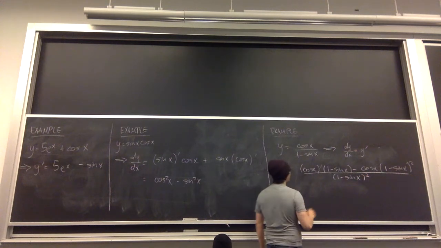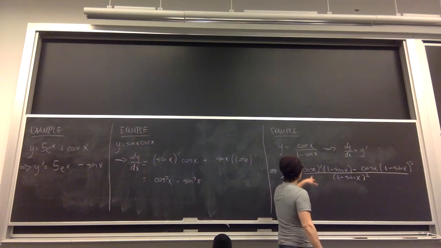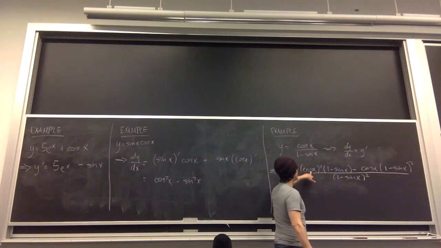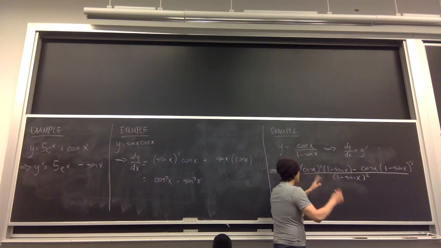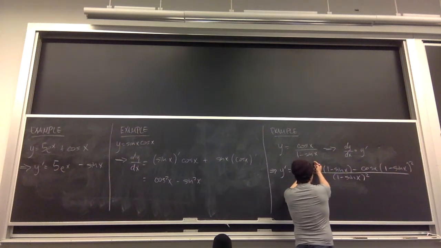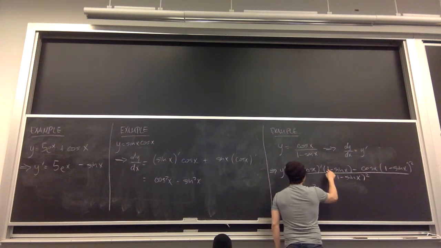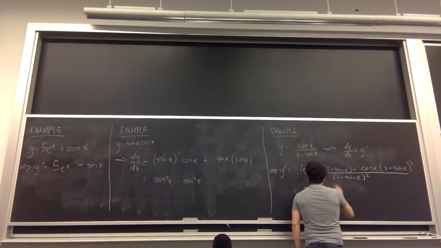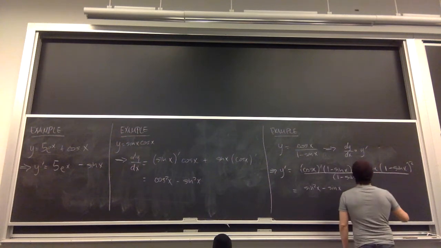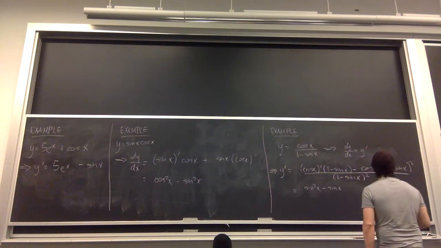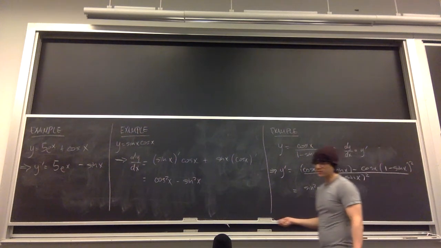So what do we get here? This goes to what? Minus sine of x. So this is going to go to minus sine of x, which means I get a sine squared x minus sine of x. Okay? And then, I haven't taught you chain rule yet. How are we supposed to do this one?